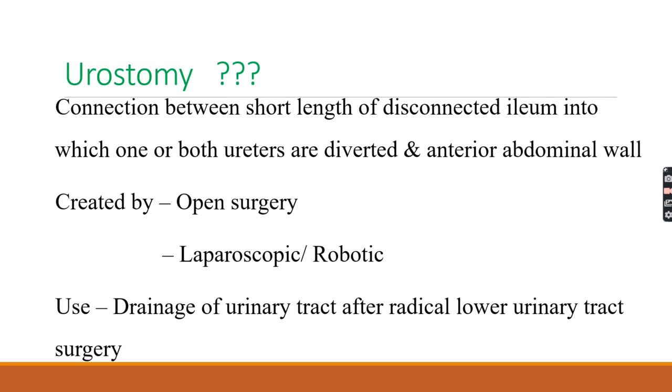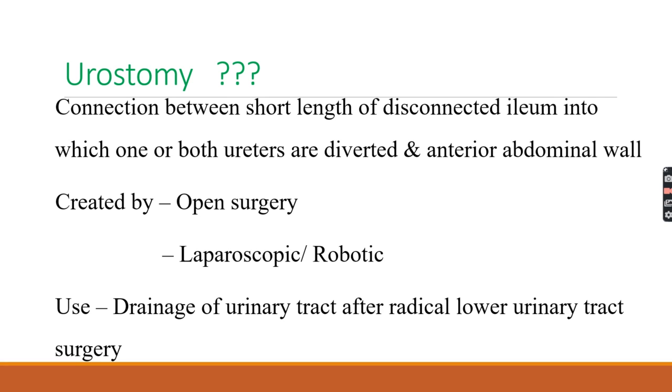Disconnected ileum means we have separated a part of ileum with its blood supply, and we have transformed this into a reservoir. Over this reservoir, we have diverted either one or both ureters as per the requirement, and the opening of the reservoir we are just connecting with the anterior abdominal wall, hence urostomy.